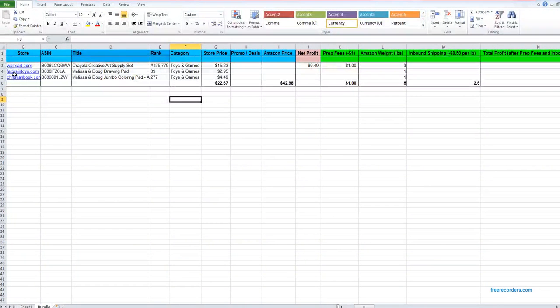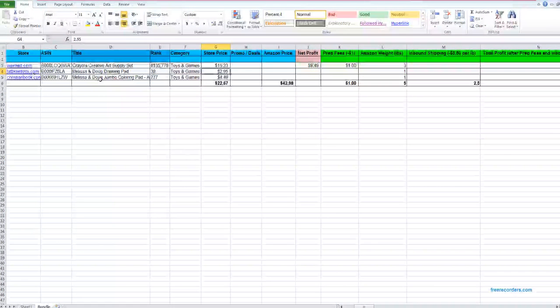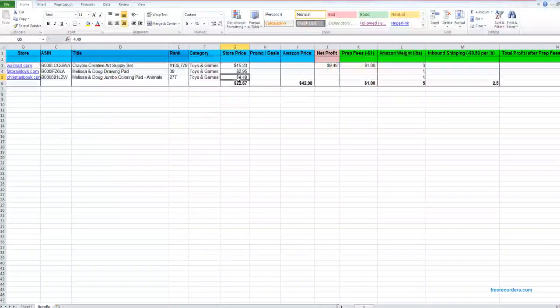Now I've put the Melissa and Doug drawing pad, $2.95 from Fat Brain Toys, and the Melissa and Doug jumbo colouring pad, $4.49 at christianbook.com.